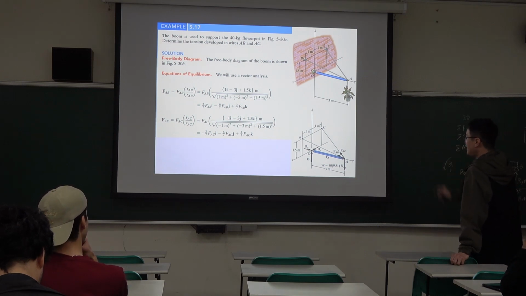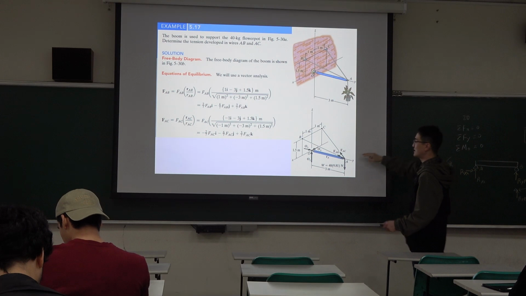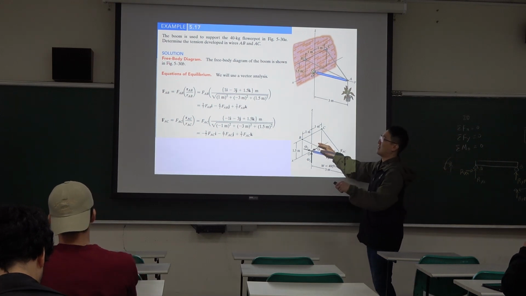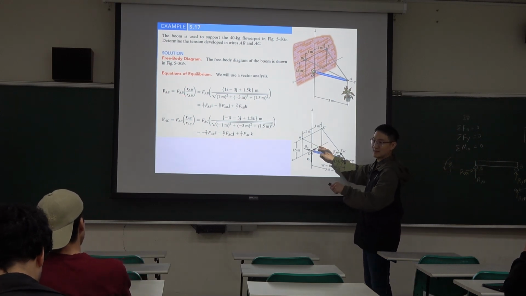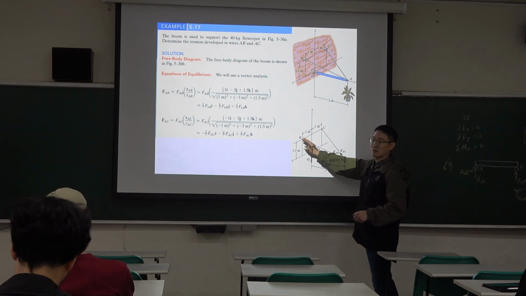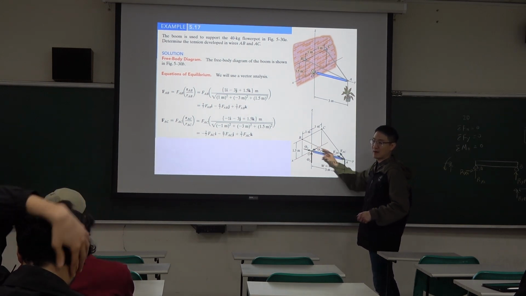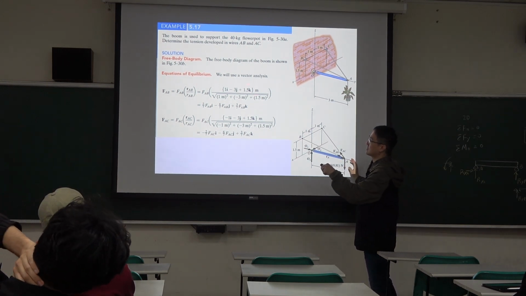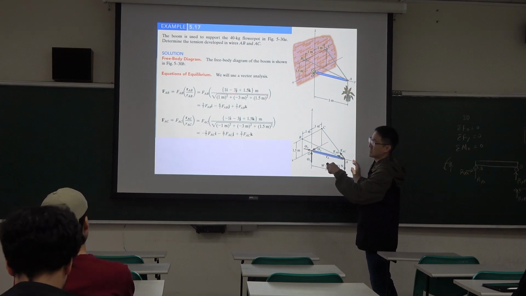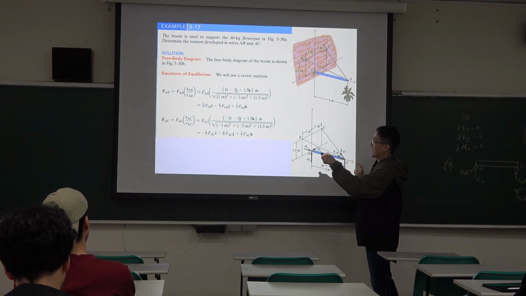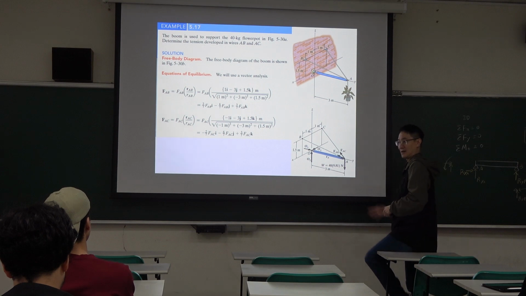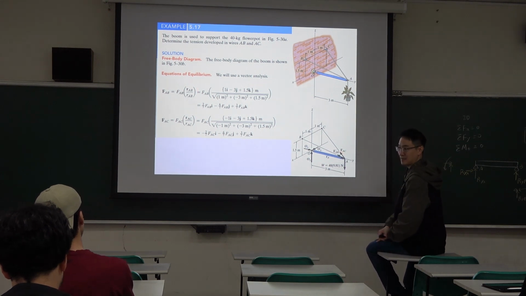For AB, do you still remember how we work out the position vector? From A to B, so we use coordinate A minus B. That's a position vector divided by its length, which becomes a unit vector. So unit vector times force. We don't know it, so we just assume it like FAB.